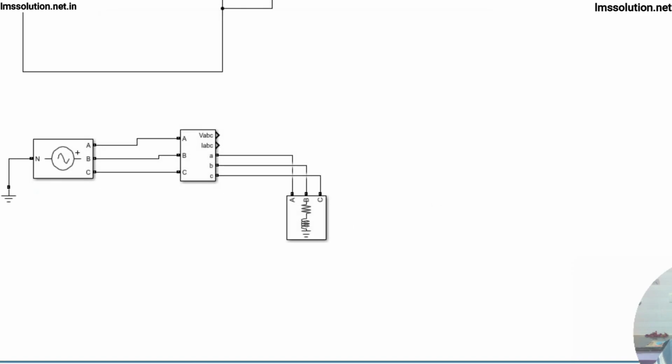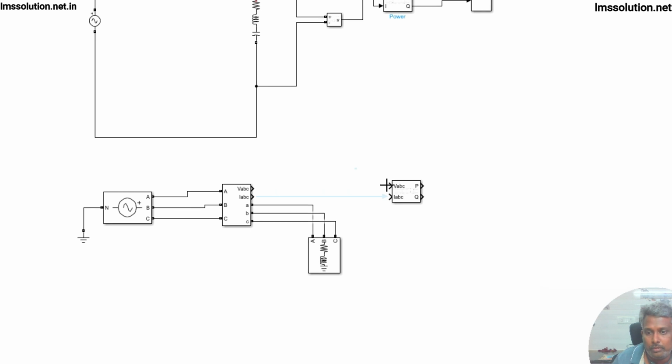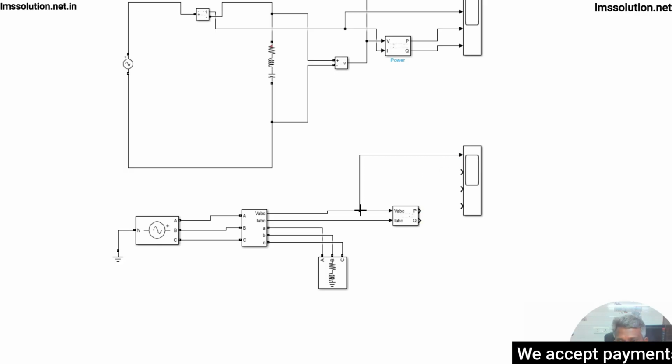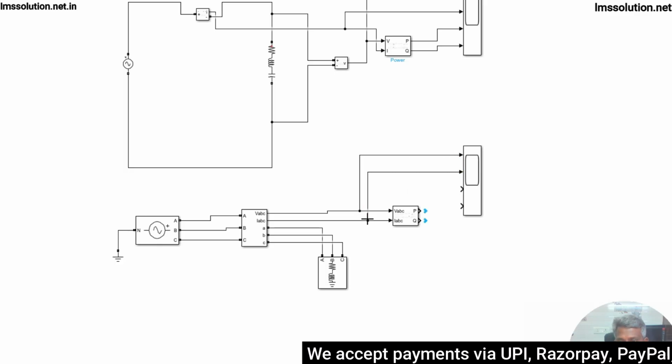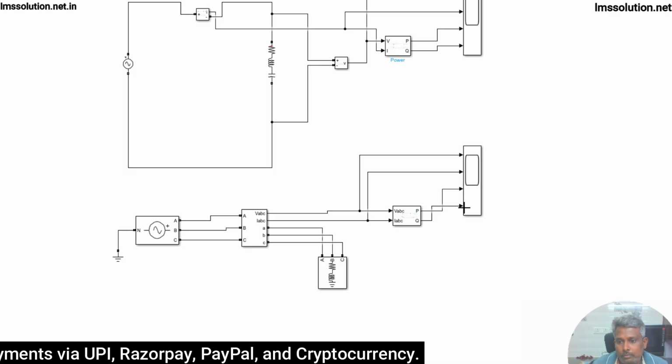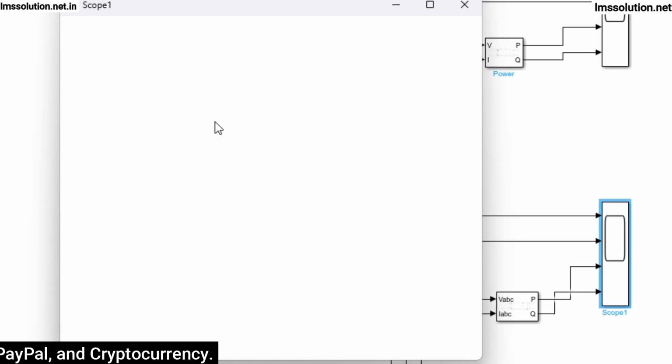Okay, so next you will see the positive sequence measurement block. Just drag and put it here. Connect voltage and current. Take this one to measure voltage, current, and then real and reactive power. Okay, so now I'm going to simulate this one.